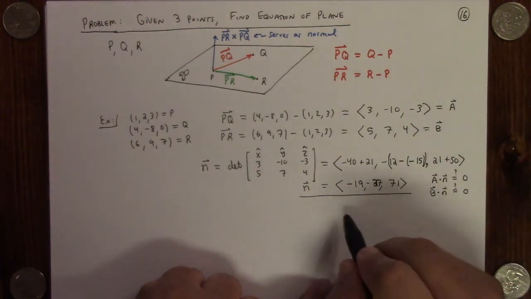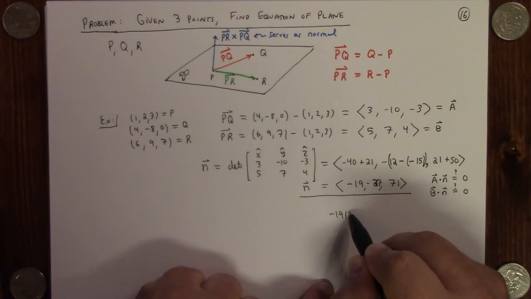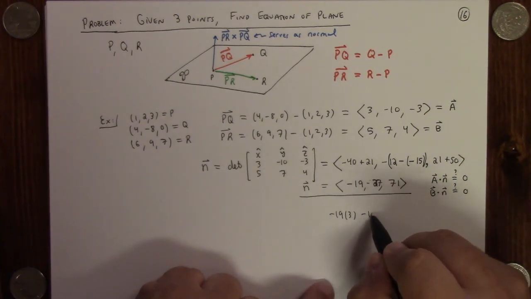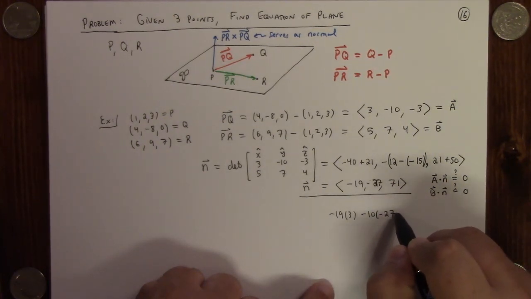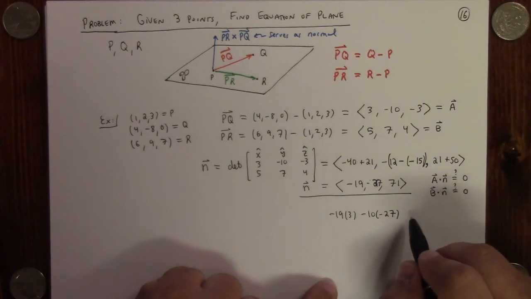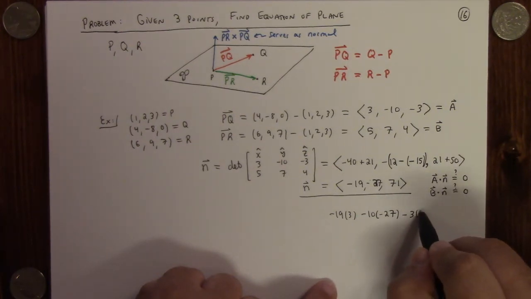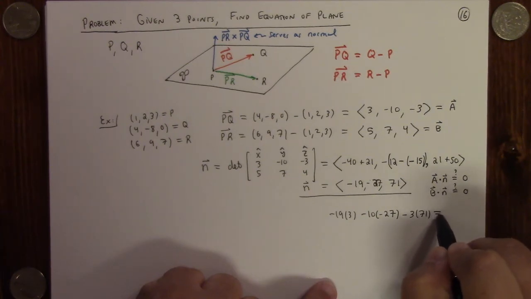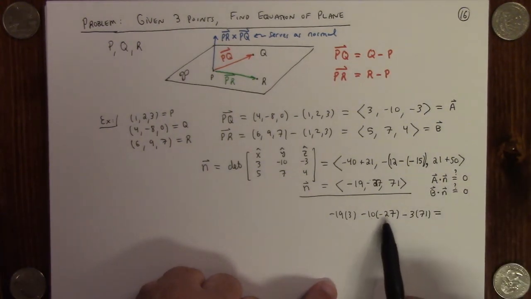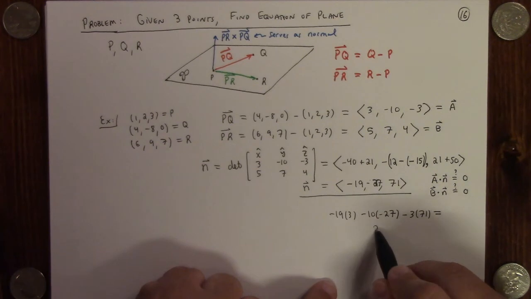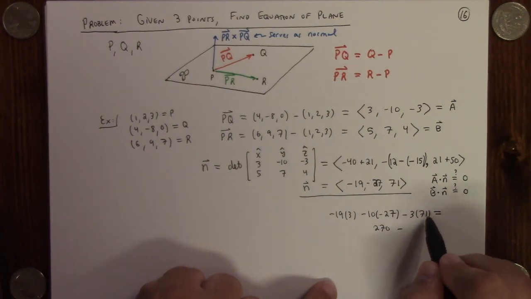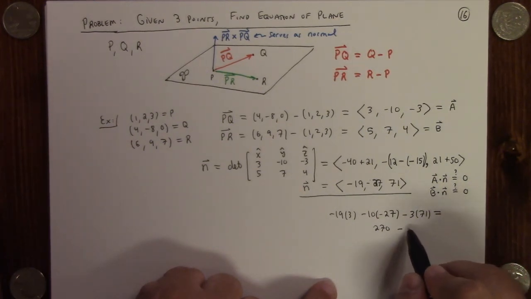All right, so let's try it out. Minus 19 times 3, minus 10 times minus 27, minus 3 times 71. So this middle one gives us 270. And this is 213.